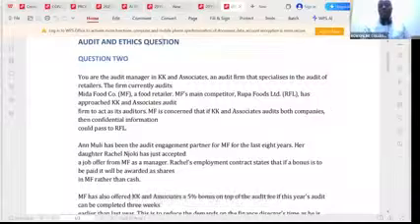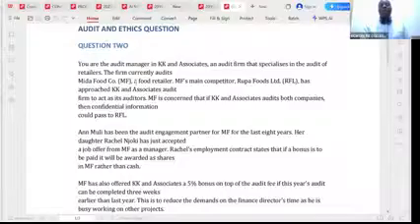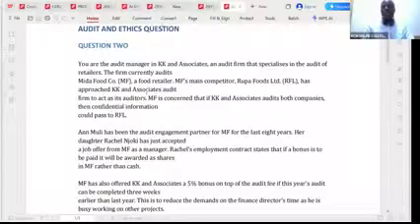So now we are reading the scenario, my good students. We are told here you are the audit manager in KK and Associates, an audit firm that specializes in the audit of retailers. The firm currently audits MF, a food retailer. MF's main competitor, Rupa Foods Limited, RFL, has approached your firm, KK and Associates, to act as its auditors.